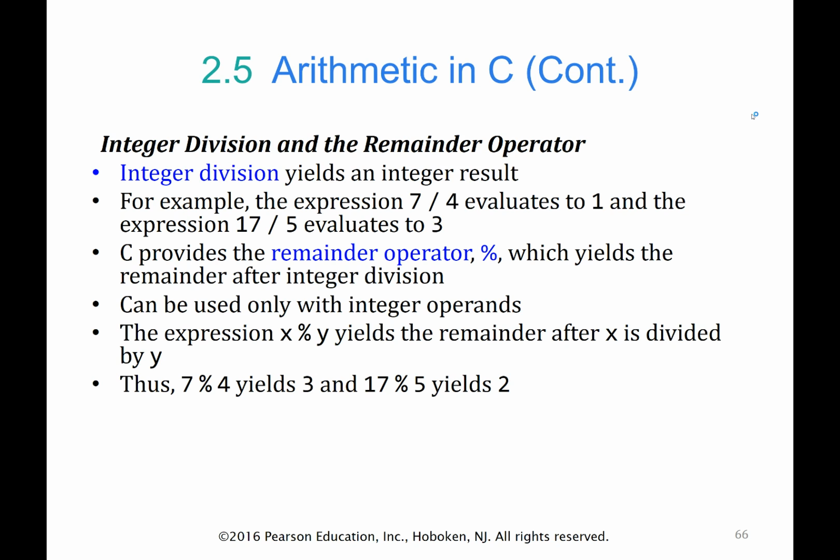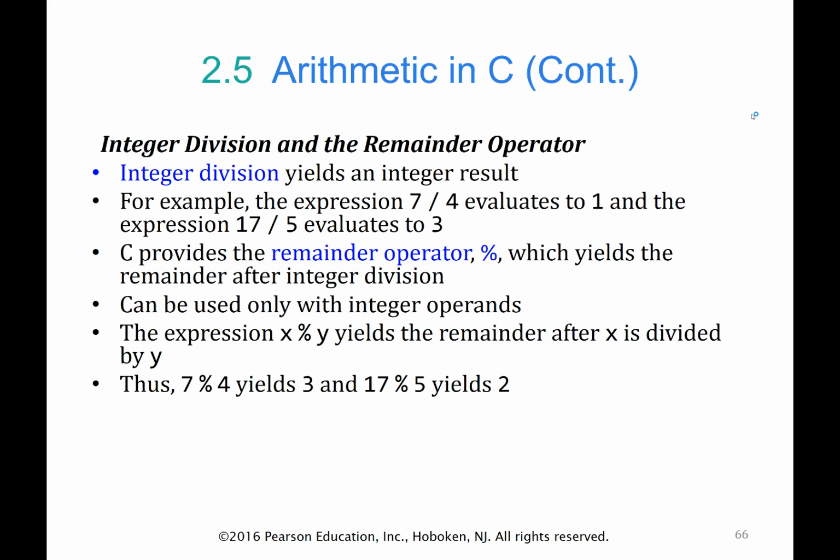So it depends on the variable types when you do the math, what the answer is. Integer gives us the nearest whole number. Floating point will give us a more precise number.